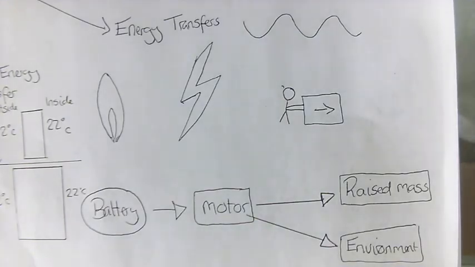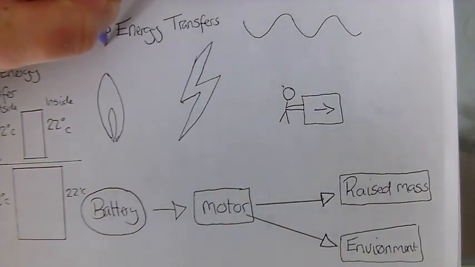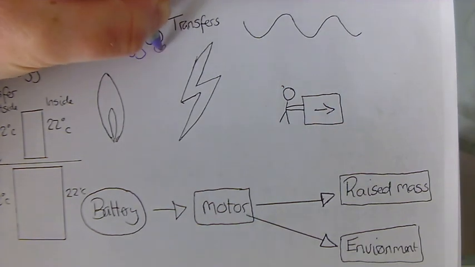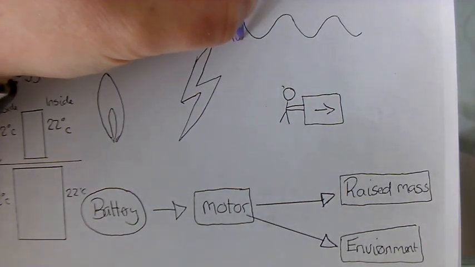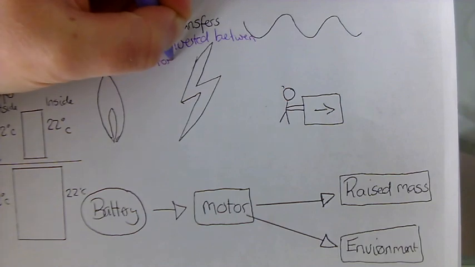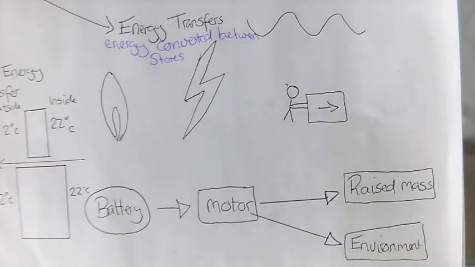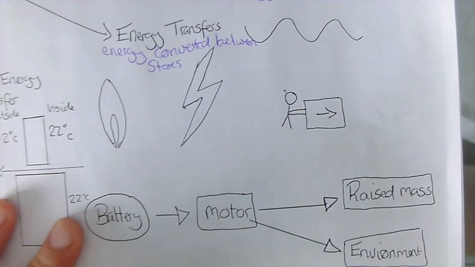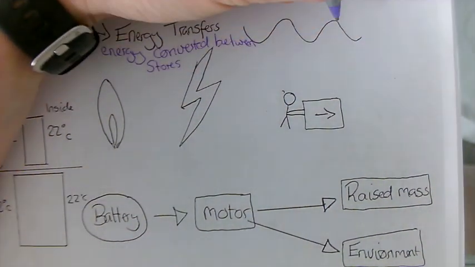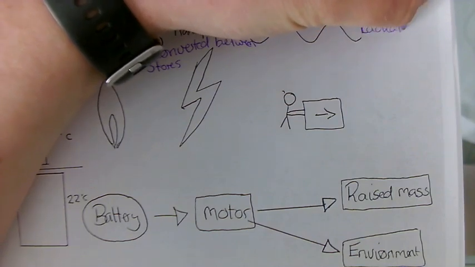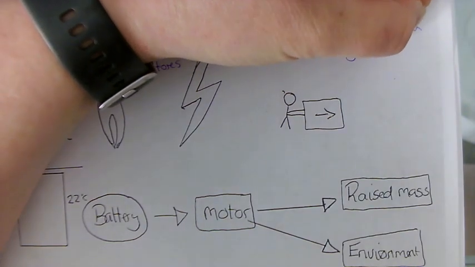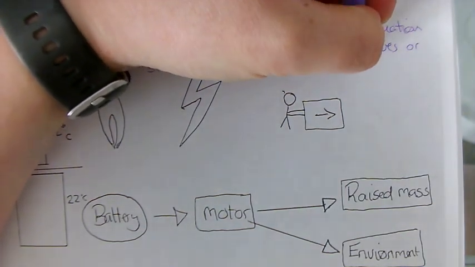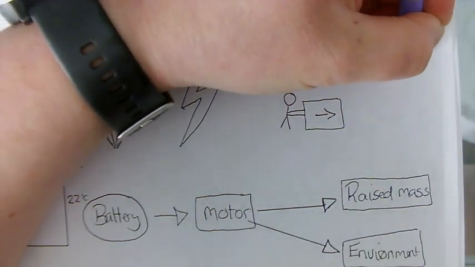The next section we're going to talk about is our energy transfers. Okay, so that's how our energy is converted between our stores. So that could be done in several different ways. We could have radiation, and that is by waves or electromagnetic spectrum or sound.